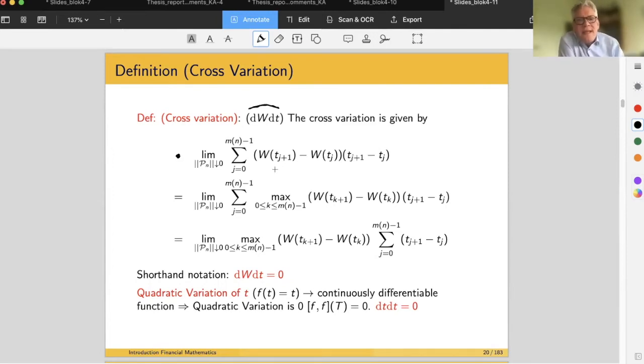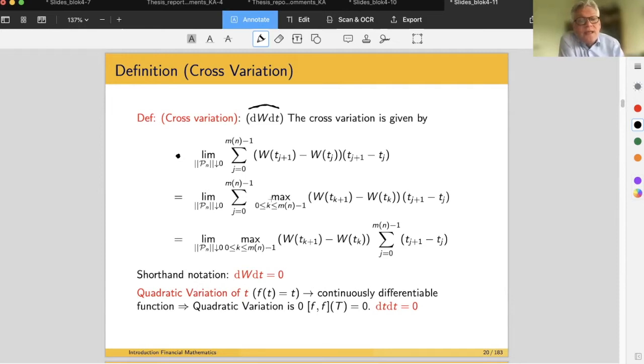Now, what can we do with that? Remember the mesh goes to 0, and Brownian motion is a random variable, but for a fixed omega, a fixed event, this is in fact a continuous path. It is a continuous function when t is running and omega is fixed. Now, with the mesh going to 0, we can replace this by the largest element.